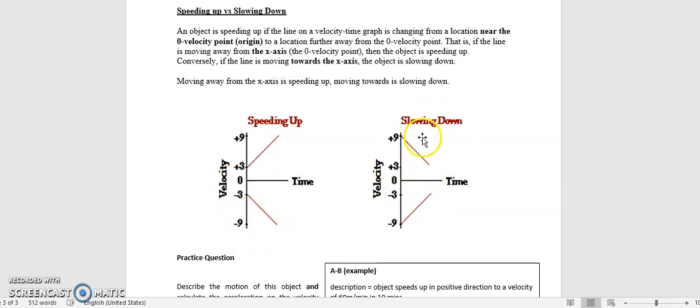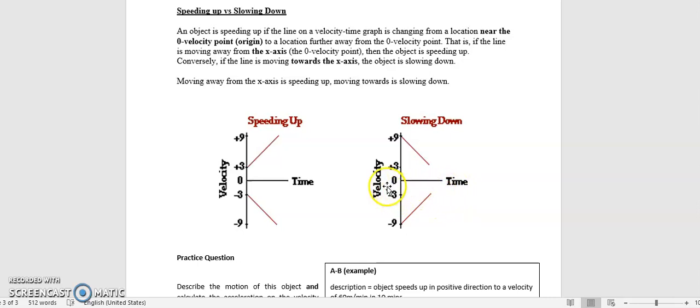In this case, we have slowing down. If we're looking at the positive first, we were going at a velocity of 9 meters per second, and we slowed down to 3 meters per second. You can see we went from a higher velocity of 9 to a lower velocity of 3, meaning we slowed down. Here's the same thing, we're just in the negative direction. If you were traveling to the left or downward, whatever negative direction we're looking at, we were traveling at 9 meters per second in that negative direction, and then we slowed down to 3 meters per second in that negative direction.